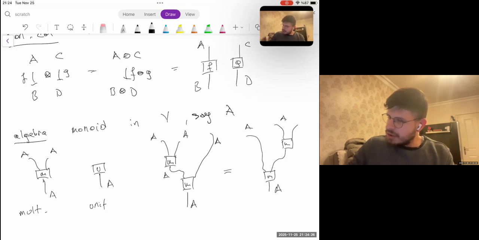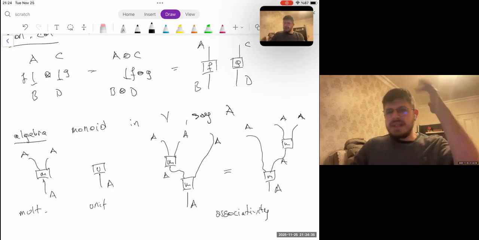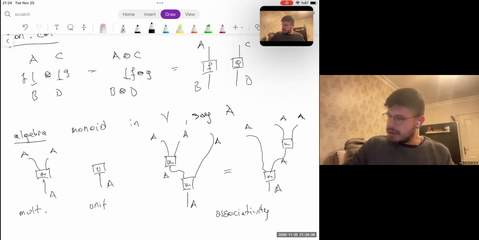So these strings are all A. So this is associativity. And similarly for unitality, let me not draw that.